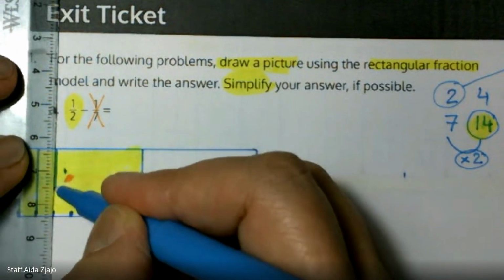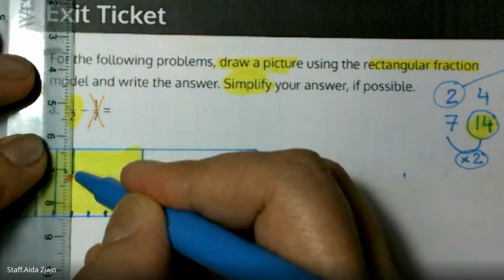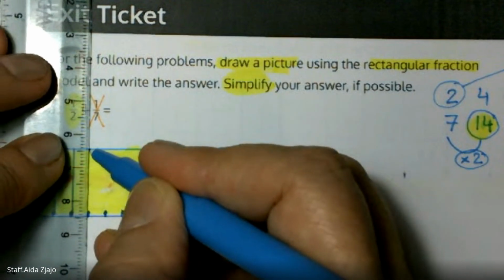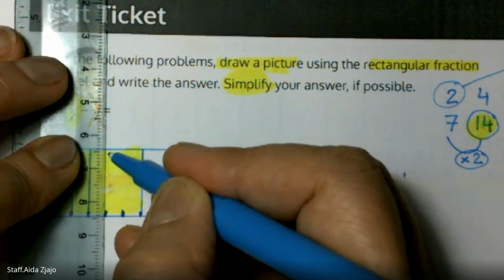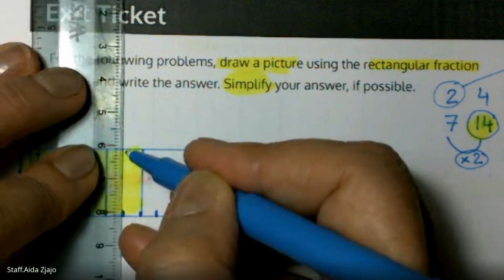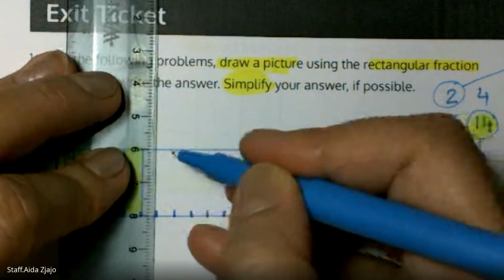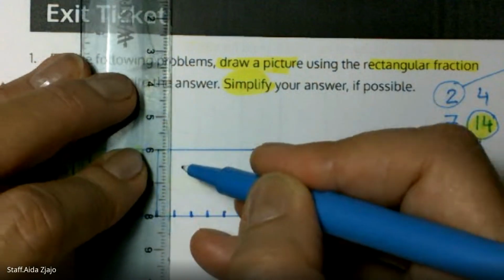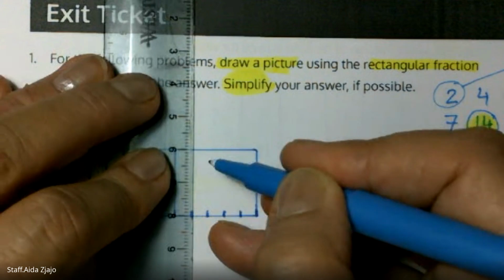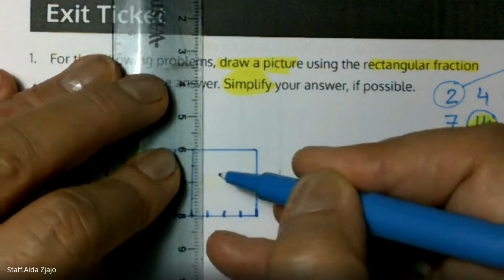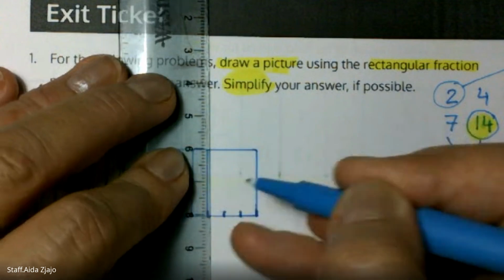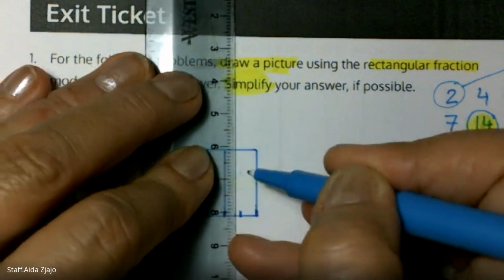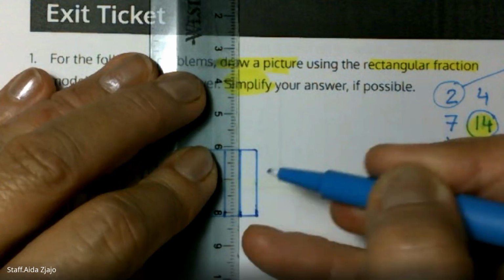That's 1, 2, 3, 4, 5, 6, 7, 8, 9, 10, 11, 12, 13.